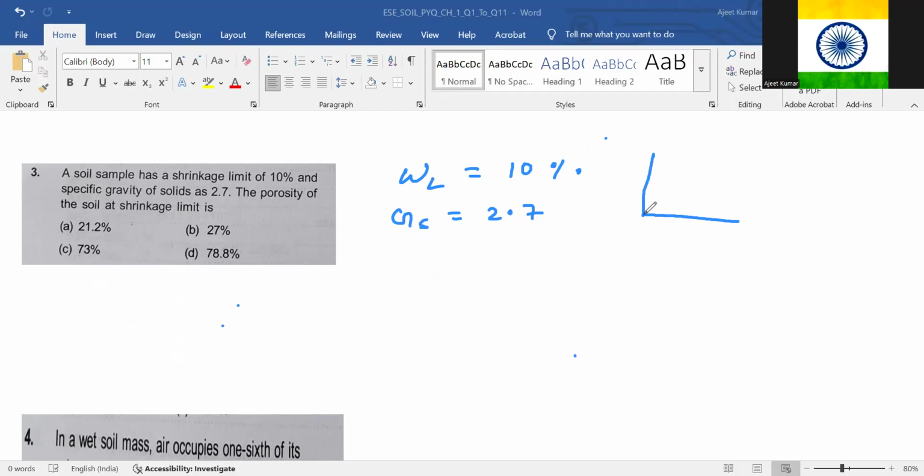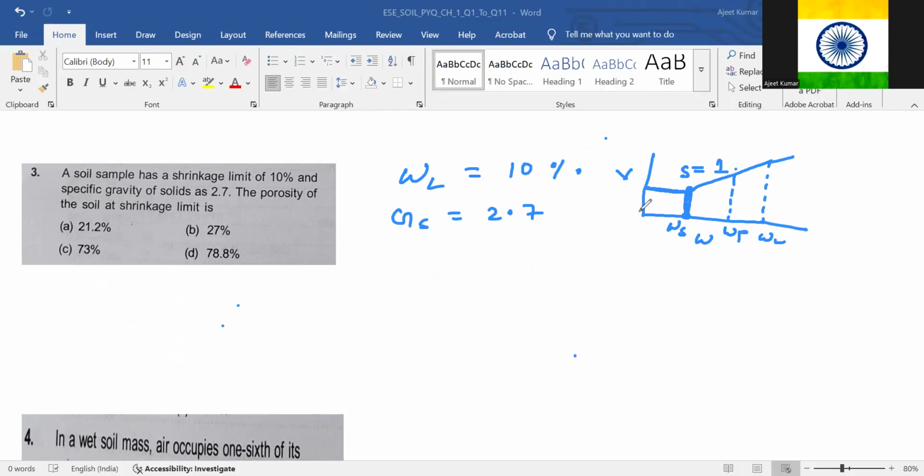If you draw volume versus water content, this is the graph. This is the shrinkage limit, this is the plastic limit, and this is the liquid limit. At this position the degree of saturation will be 1. Beyond this, if you reduce the water content, the volume will remain the same. There is no effect on volume at this shrinkage limit.